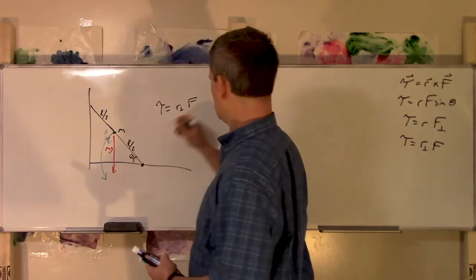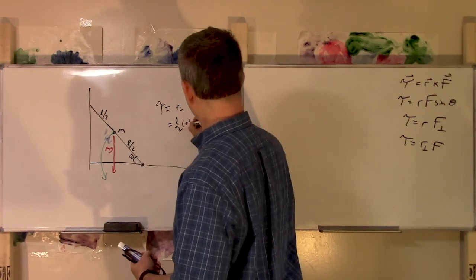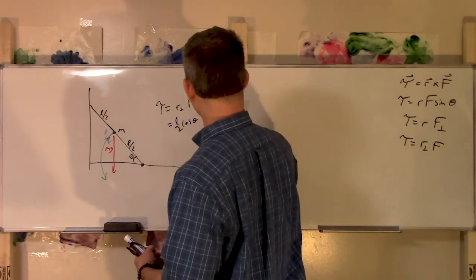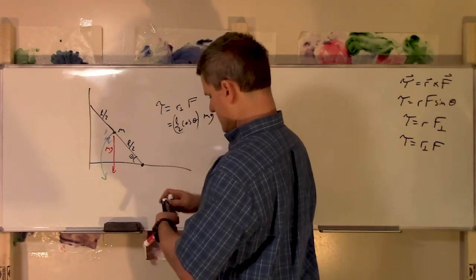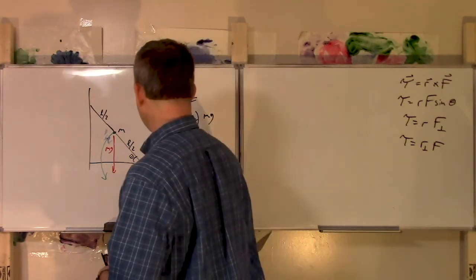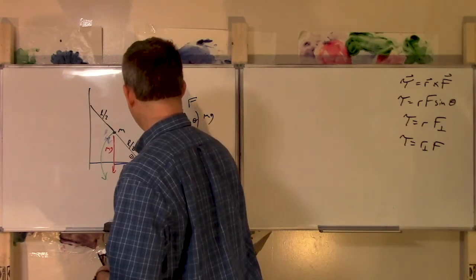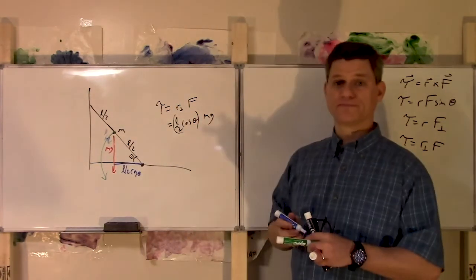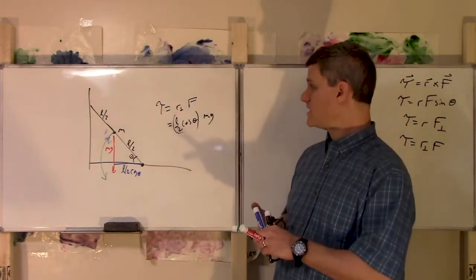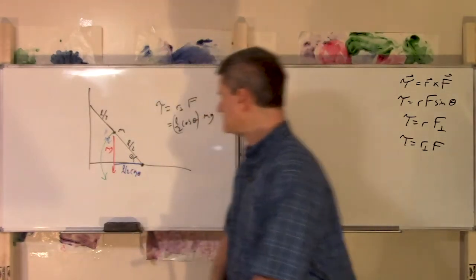So it's L over 2 cosine of theta, and then the F is mg. This becomes the lever arm. Let me draw it in here. There you go, L over 2 cosine of theta. That's the distance from the pivot point to the line of the force. Many times that becomes easier to deal with than finding the whole angle.